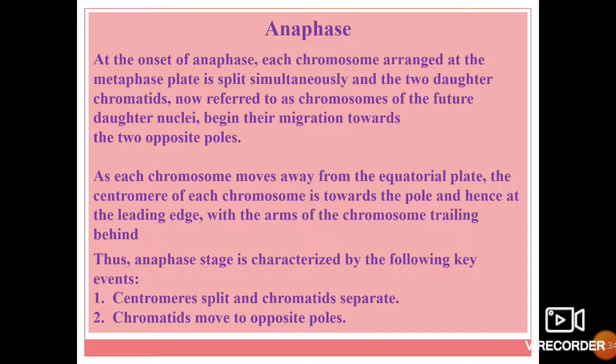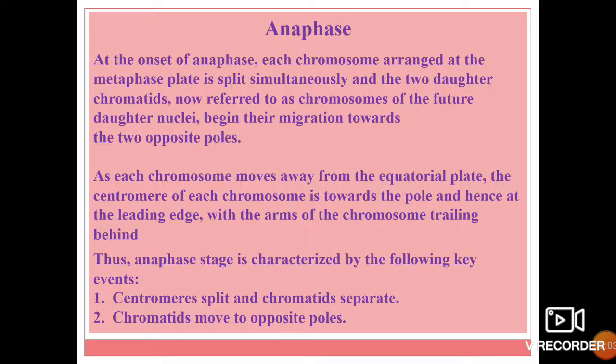The arms of the chromosome trail behind, and they make an L, V or J-shaped structure, because if you tie a rope to a waist and pull it, then the legs and hands will go in the forward direction. Depending on the position of the centromere, whether it is exactly at the center or off center, the structure of the chromosome would be either V-shaped or L-shaped or J-shaped.